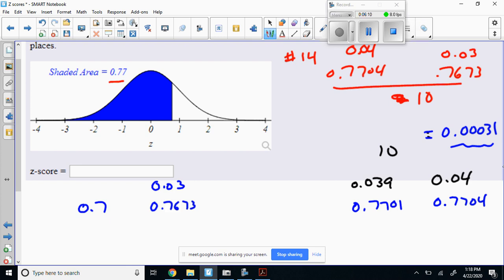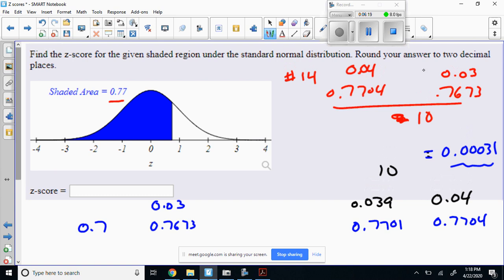But because they said go to 2 decimal places on this, round to 2 decimal places. If I were to round this, it would be what? 0.04, right? That's closer to this, right?